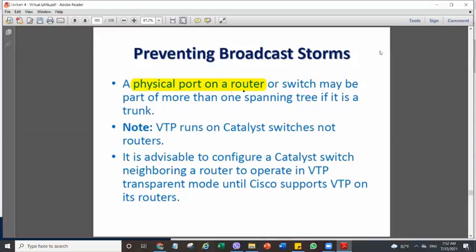Physical port on a router or switch may be part of more than one spanning tree if it is a trunk. Yes, this thing happens.